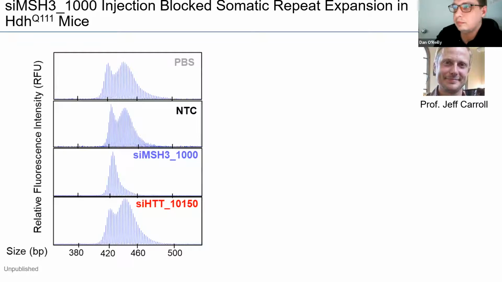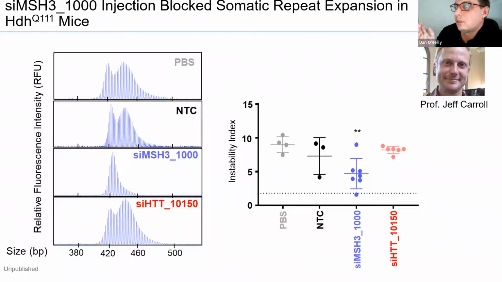Now, this is more of a qualitative way to deal with the fragmentation analysis. You can actually quantitate it through something called an instability index. So we did that. On the right is the instability index for the PBS, the NTC, and the 2 siRNAs.